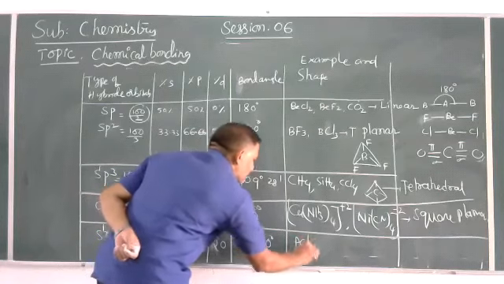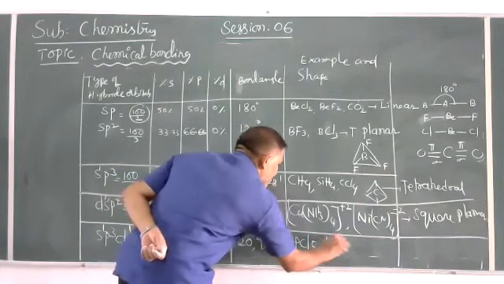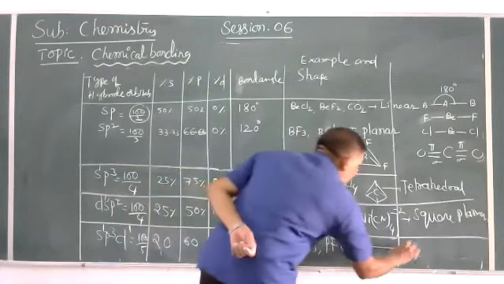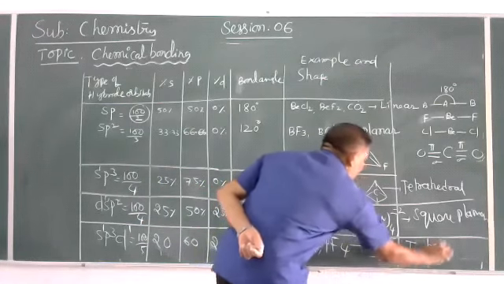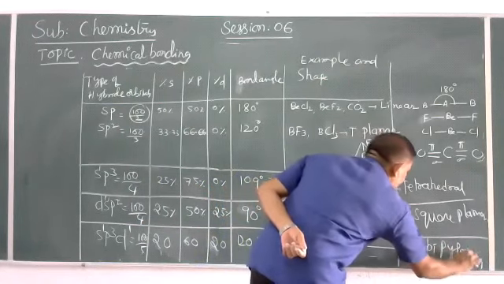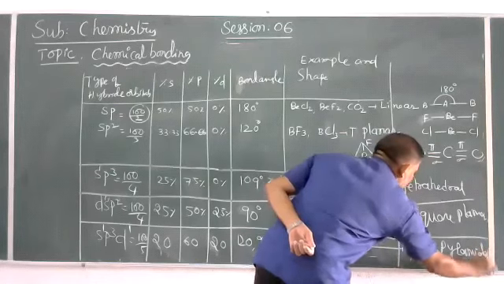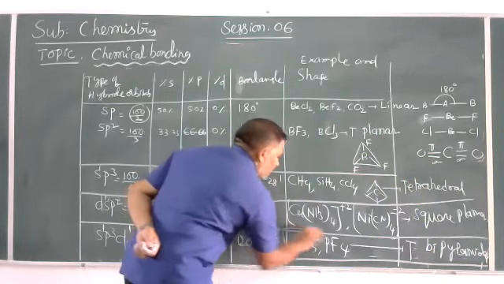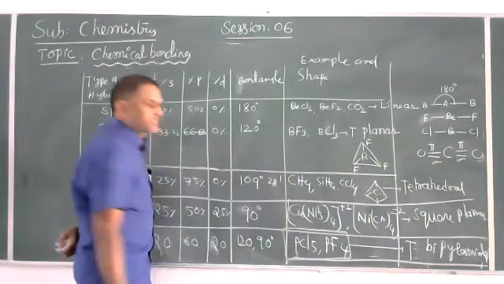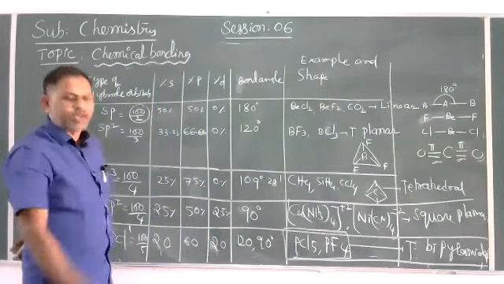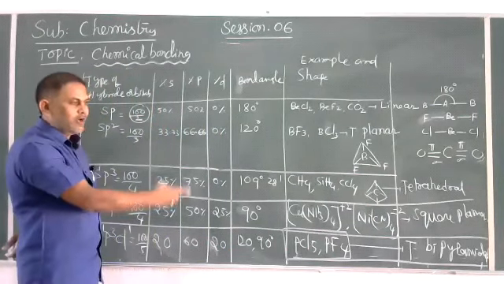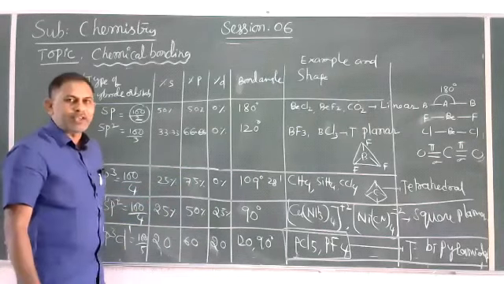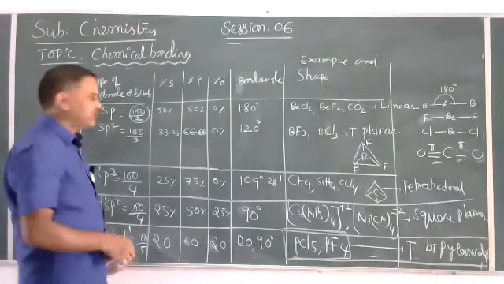Examples are phosphorus pentachloride or phosphorus pentafluoride. Its geometry is trigonal bipyramidal. In the p block elements, the structure of PCl5 has two important bond angles, equatorial and axial.